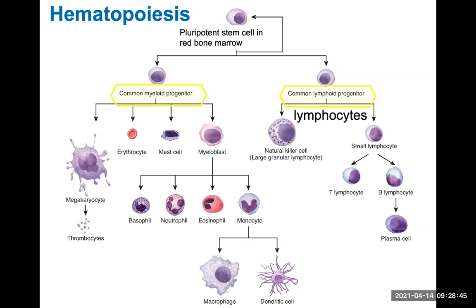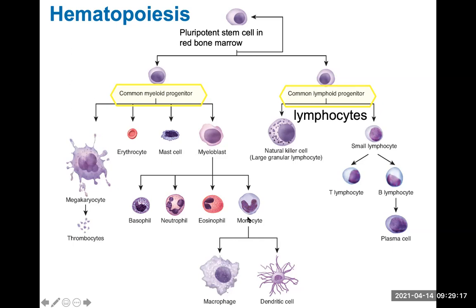Okay, and then the last type of cell made from your myeloid progenitor is the myeloblast, which makes white blood cells called basophils, neutrophils, eosinophils, and monocytes. So the myeloid progenitor will make the myeloblast, which will then make a majority of your white blood cells: basophil, neutrophil, eosinophil, and monocyte.